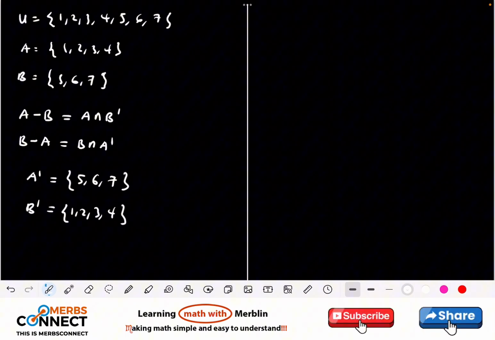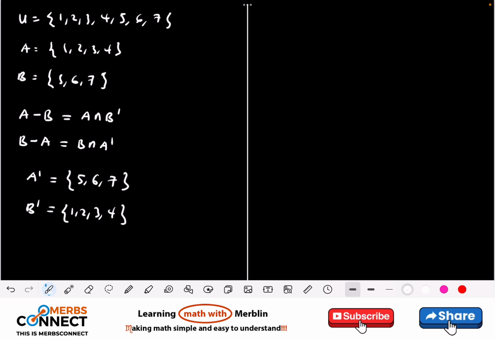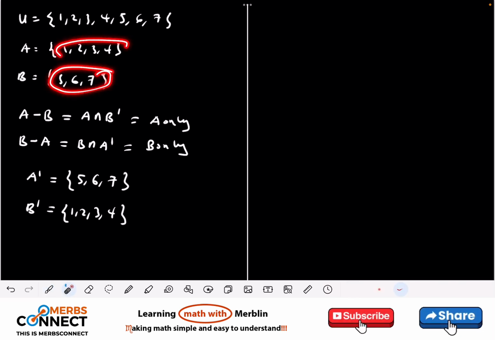Now remember something, we drew some diagram and we said, when we have something like this one, A minus B is the same as A only, and this will be B only. So it's like we are subtracting, and the interesting thing is we don't have any element in the overlap. So this is like a disjoint set because we don't have any common element between this and that.